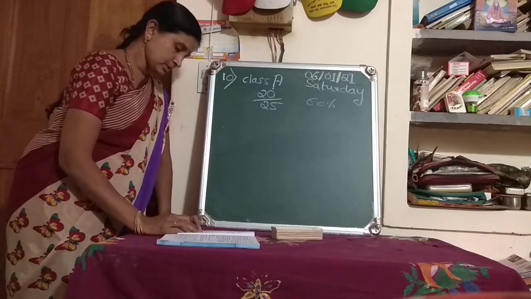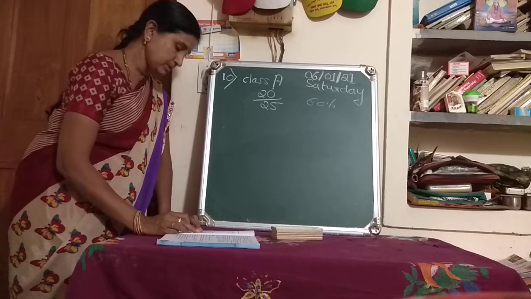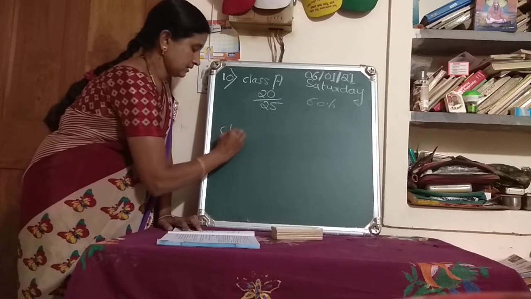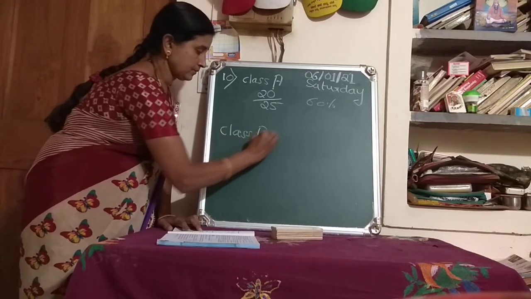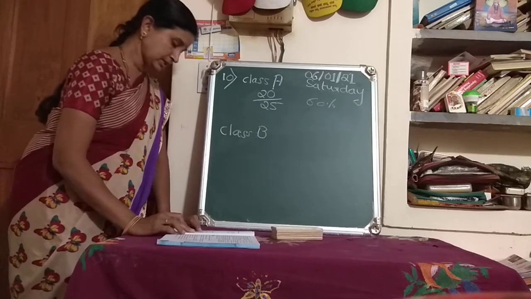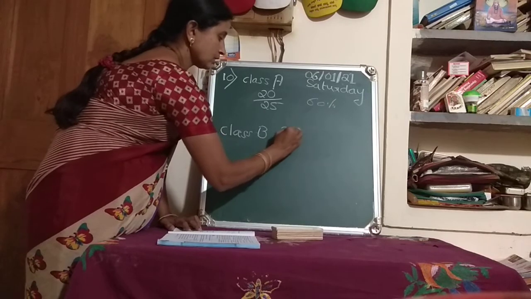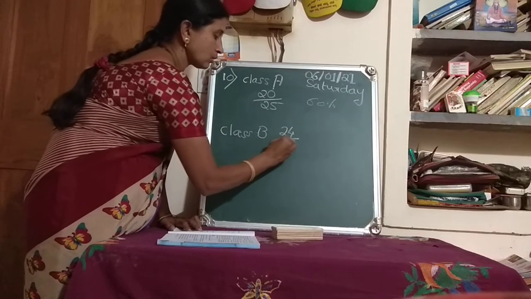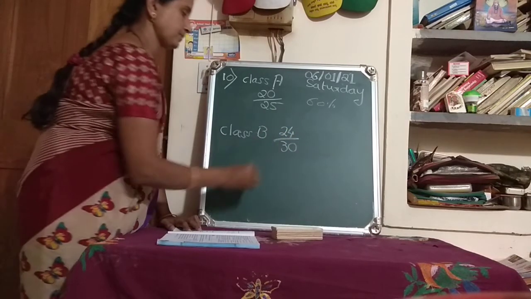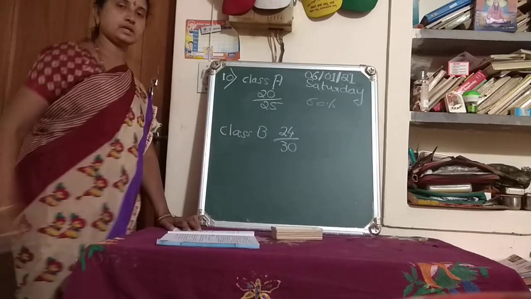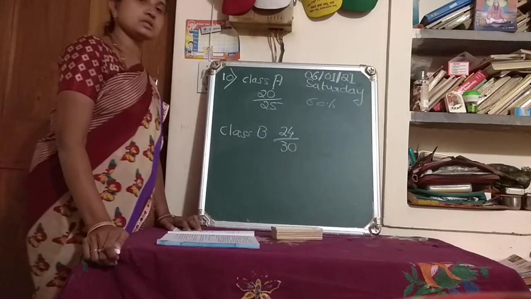And in another class, B, of 30 students, 24 passed. 24 students passed out of 30 students and also scored the same, 60%.